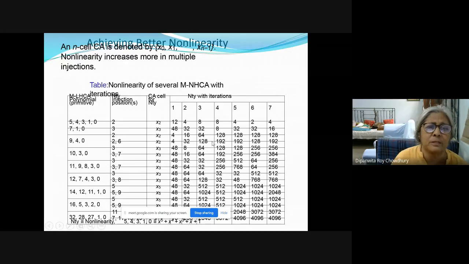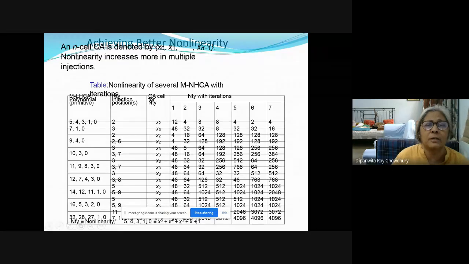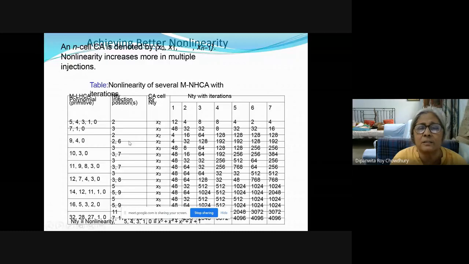Now what we have seen is that nonlinearity increases more with multiple injections. These are the injection positions, and now see the figure. Earlier it was 0, 1, 2, and now see the nonlinearity with iterations. What big values we are getting.